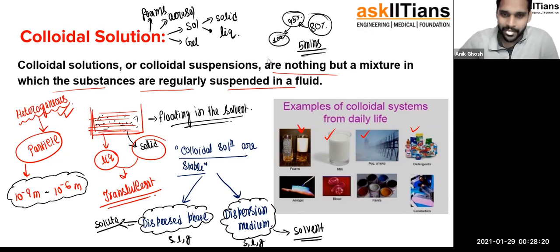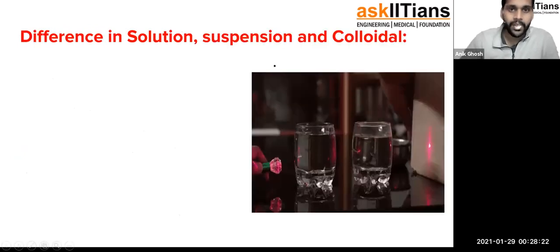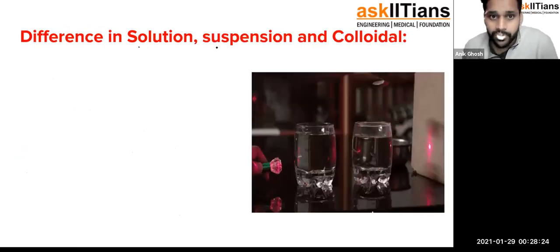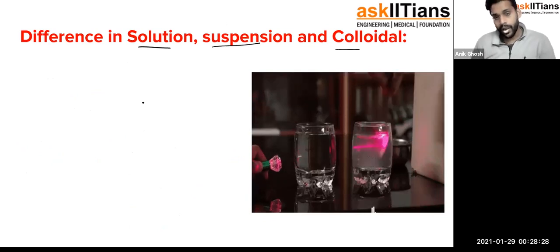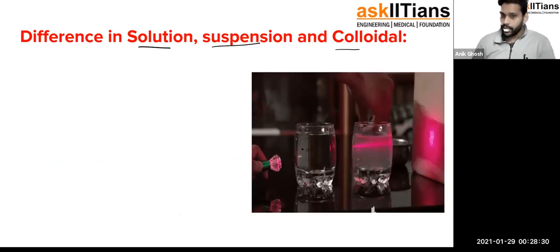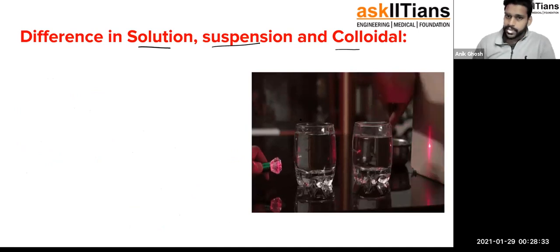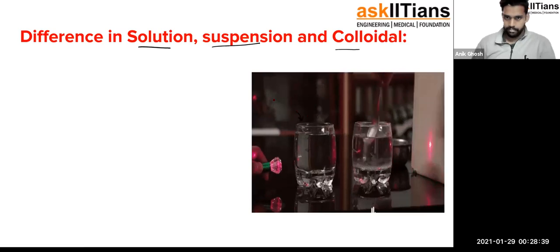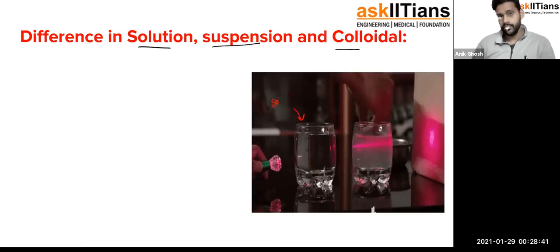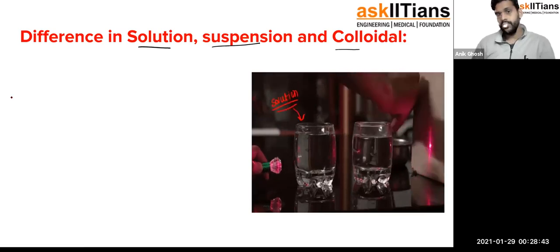Now, the difference between solution, suspension, and colloids. Right now in this GIF, you can see this thing over here is a solution. What do we understand by the word solution?